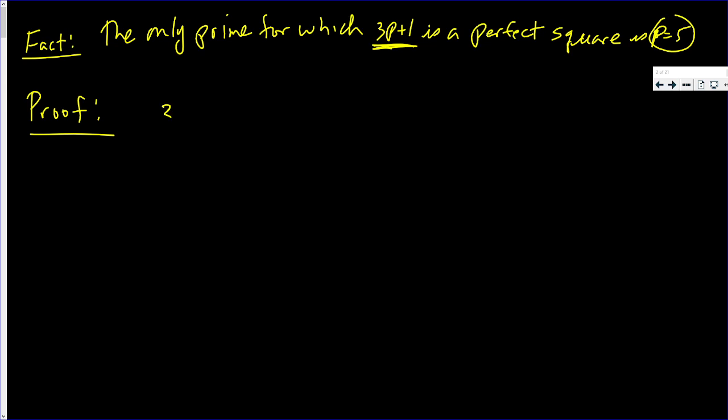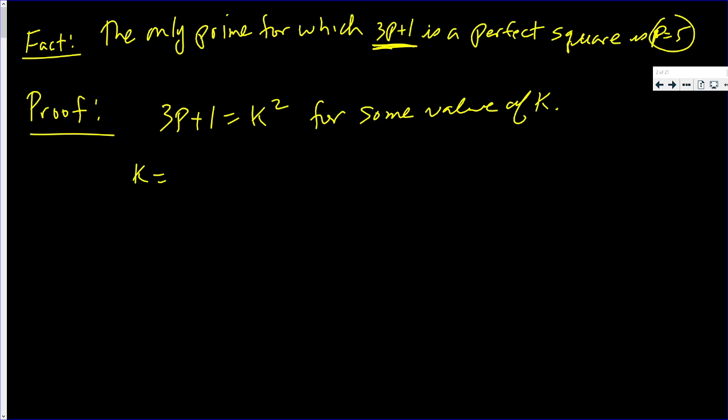So this means that 3p plus 1 is equal to k squared for some value of k. So k is an integer.